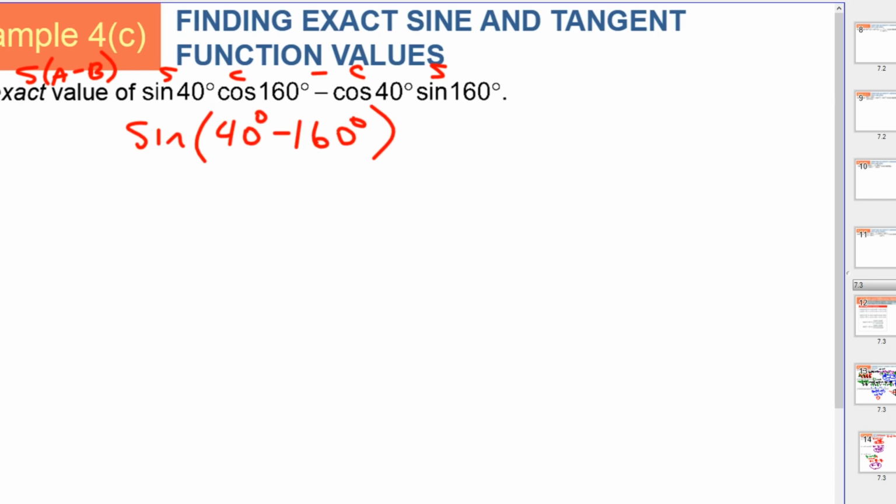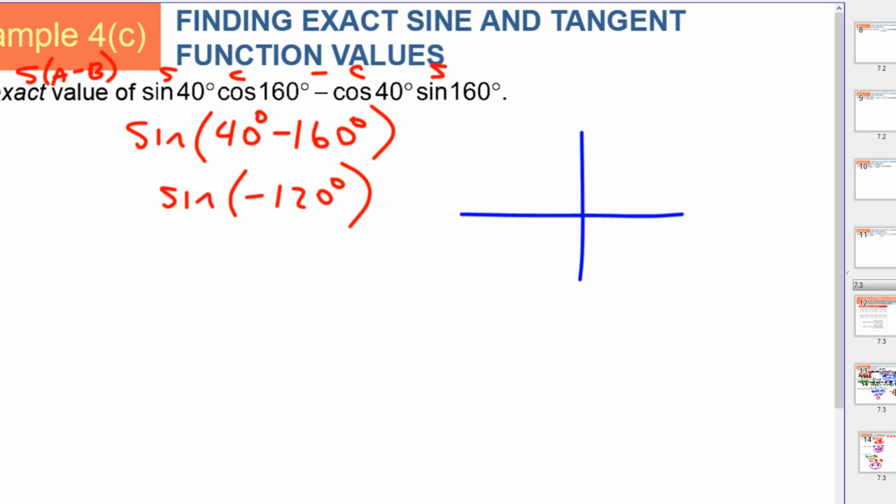Well, 40 minus 160 is negative 120, which is good review from chapter 5. This is a chart question, and you should be able to do this. Sine of negative 120. So what we would have done back in chapter 5 is said negative 120 takes us around backwards to here.